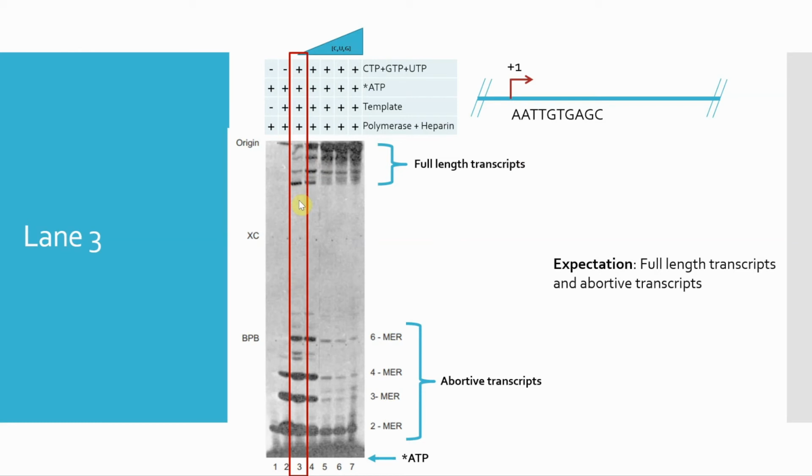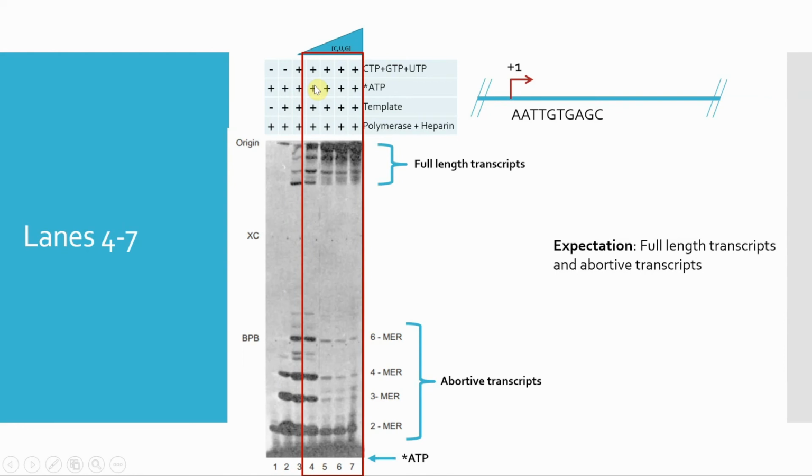We see some full-length transcripts, but many more abortive transcripts, of various sizes up to about 6 nucleotides long. This makes sense given the model we discussed earlier. The hybrid is stable enough after making at least 6 nucleotides that even some hiccups in transcription, given the reduced concentration of nucleotides, will not result in the dissociation of the hybrid and the abortion of transcription.